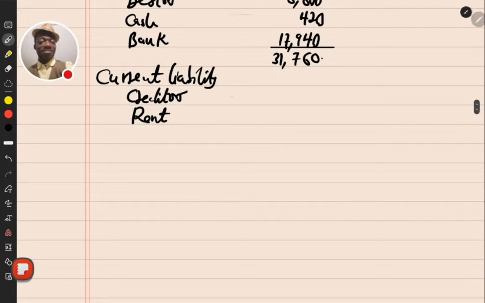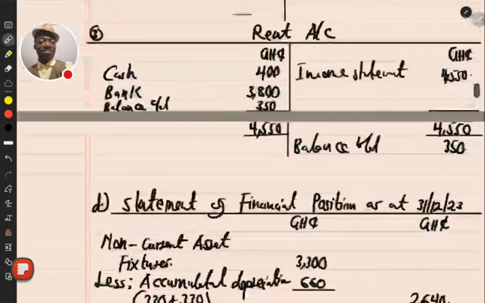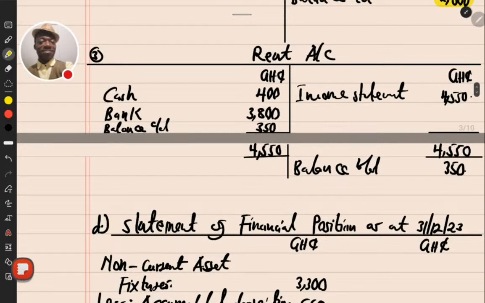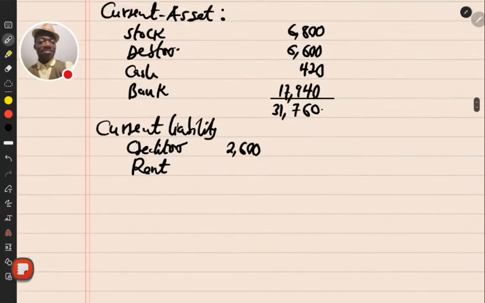2,600. And that of our rent, what was the balance? Credit 350. Bring that also up here. And that's supposed to give us a total figure of 2,950.